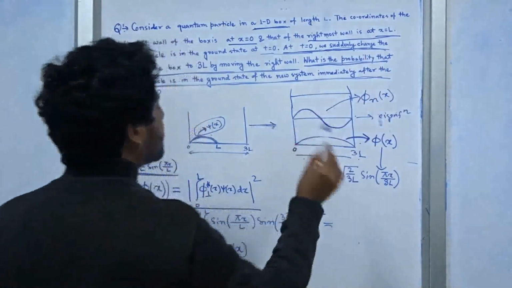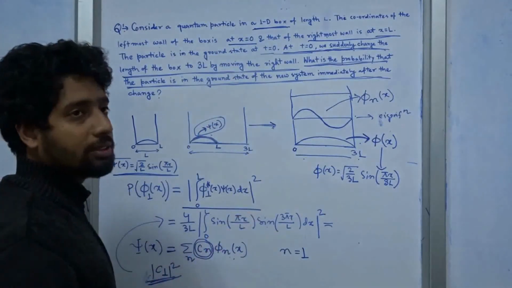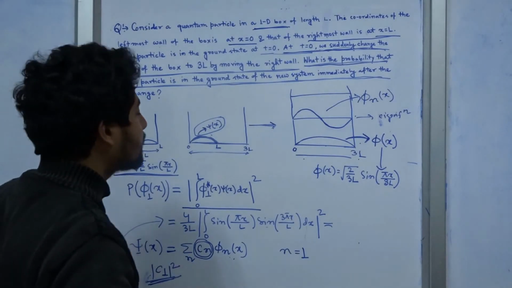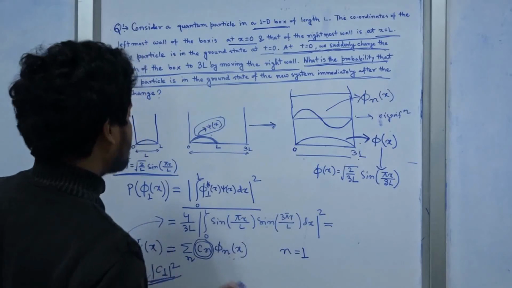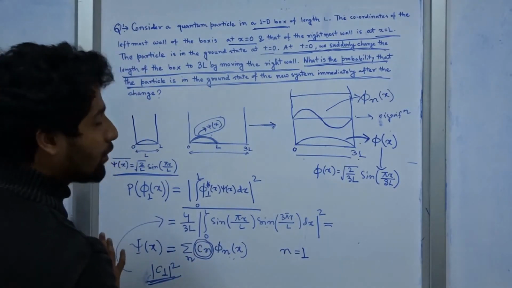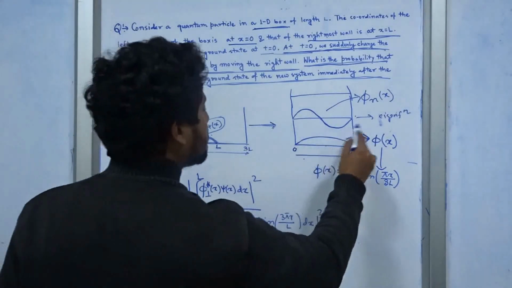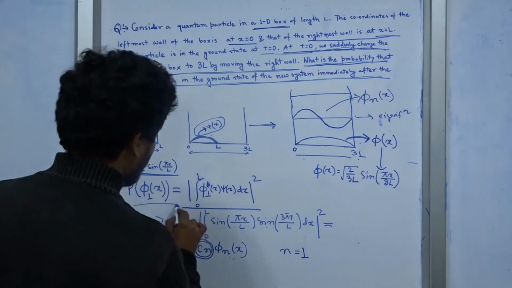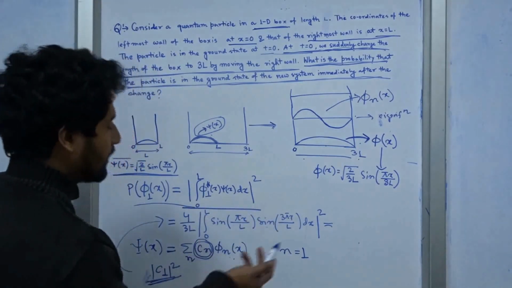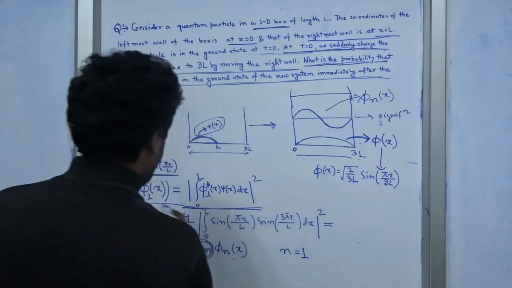Whenever you find a sudden change, you assume that the initial wave function remains undisturbed, but the system has gone through some change, and in that new system the wave function remains the earlier wave function, and we need to find the overlap of the earlier wave function with the new system's ground state. Basically, from the overlap we can find the probability. So this is the way we are doing it.